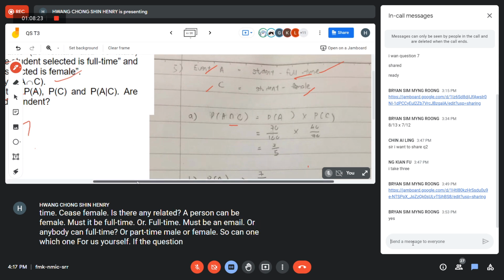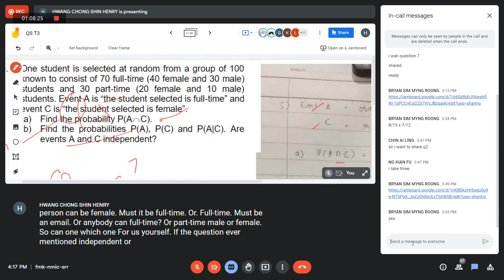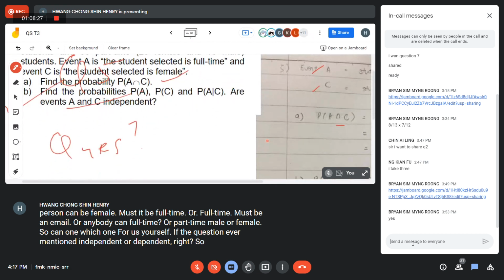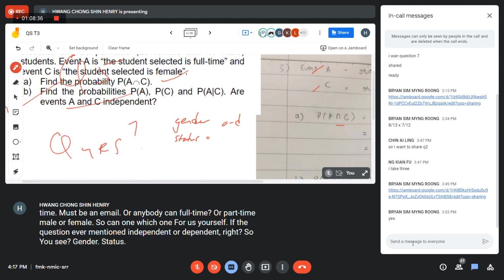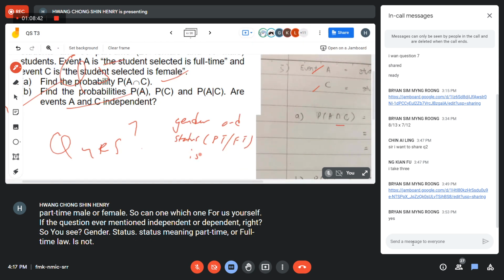If the question mentions independent or dependent, you see gender and status, here meaning part-time or full-time, are not related or affected by each other.